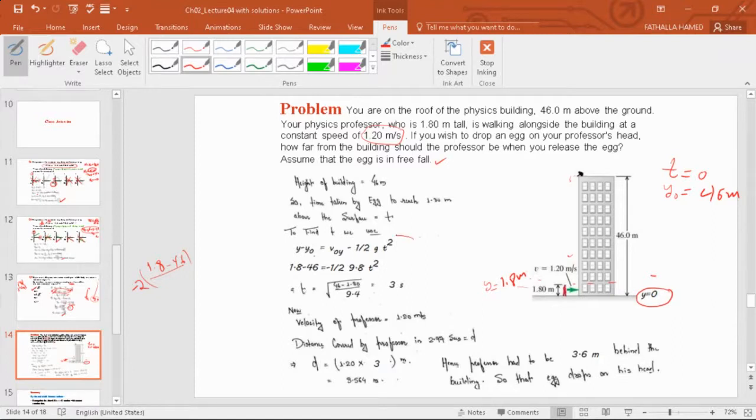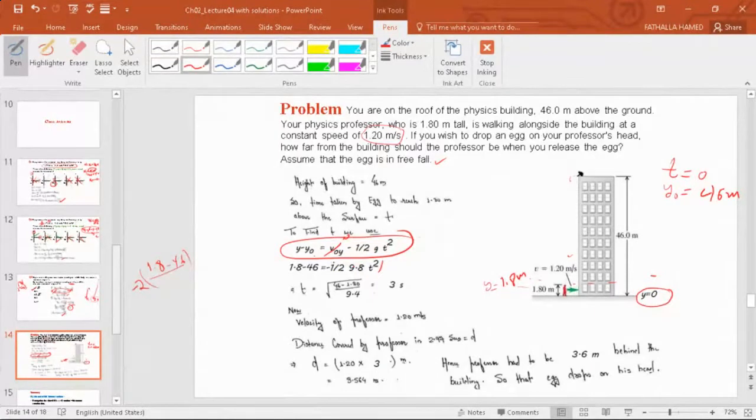So if we use the equation for the position, where we say y is equal to y0 plus v0y t minus 1/2 g t squared, your final y is 1.8, your initial y is 46, so 1.8 minus 46. The v0y is 0 because you're dropping things. Minus 1/2 times 9.8 times t squared.